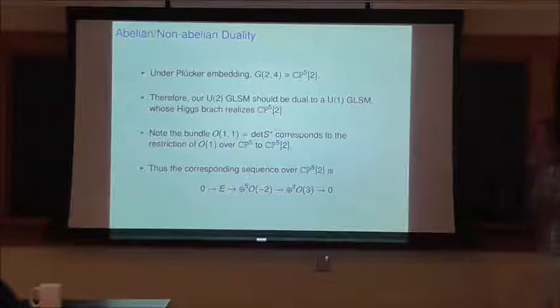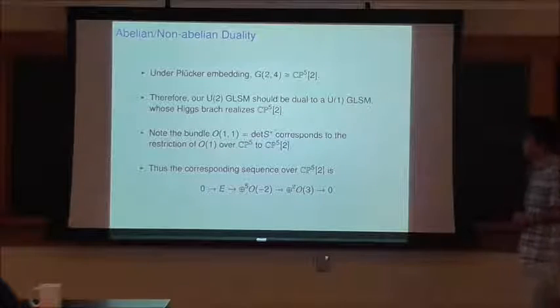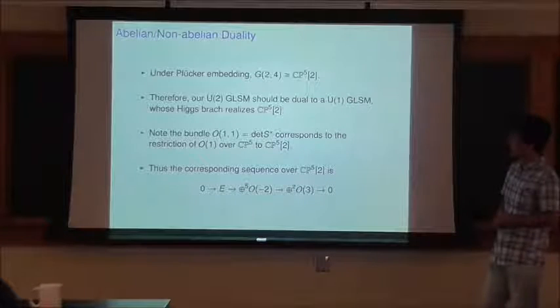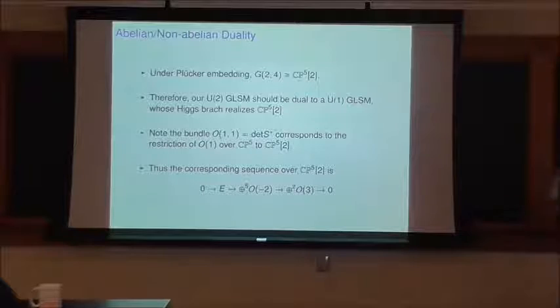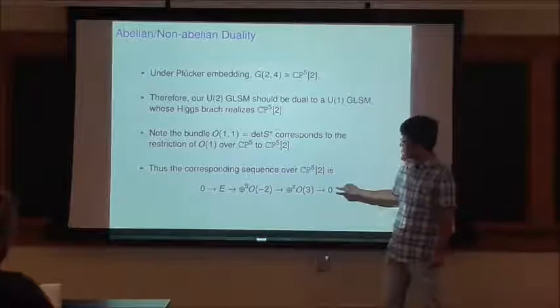So a technical note is that the bundle O(1,1), which is exactly the determinant bundle, corresponds to O(1) on CP5 restricted to the hypersurface. This is straightforward to say because in the U1 case the determinant is just O(1). And the corresponding gauge bundle defining sequence on this side, the abelian gauge theory, is given by this.